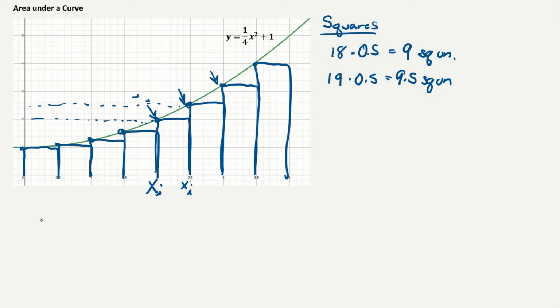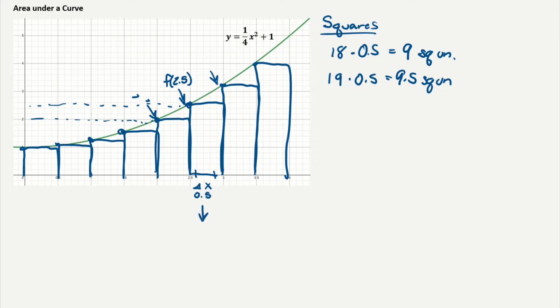And so if I want to be more specific, this one right here is at x equals 2.5, and so this value here is f of 2.5. That's its height. And what is its width? Well, we've been keeping a steady change of x here of 0.5.